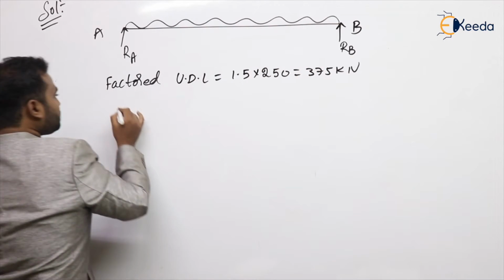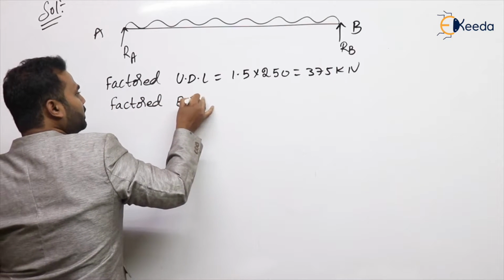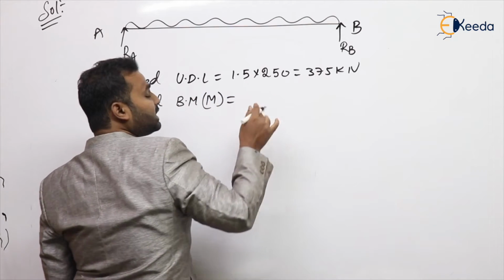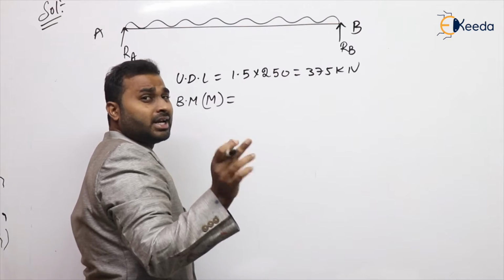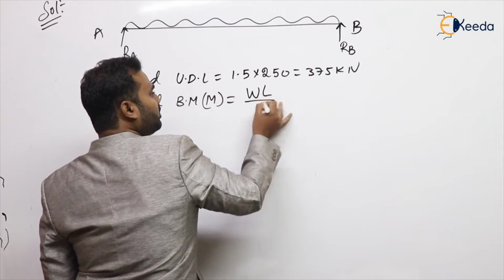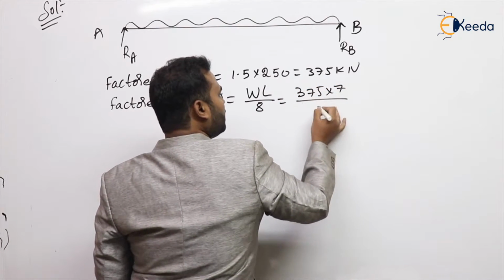Now factored bending moment, we simply take it as M. As I said, the formula we know is wL square by 8. But here small w is not given, capital W is given. Therefore the formula is WL by 8, which is 375 into 7 by 8.